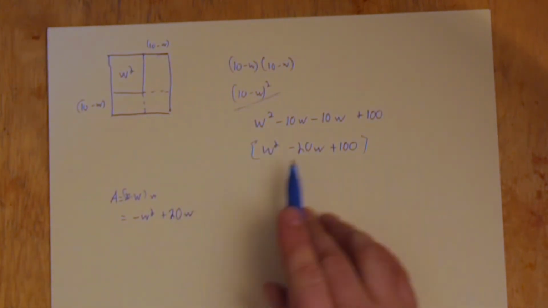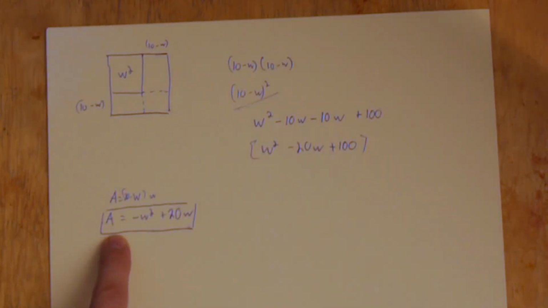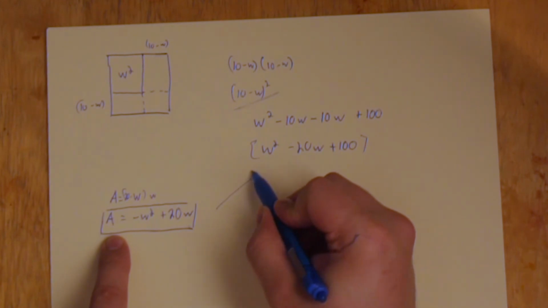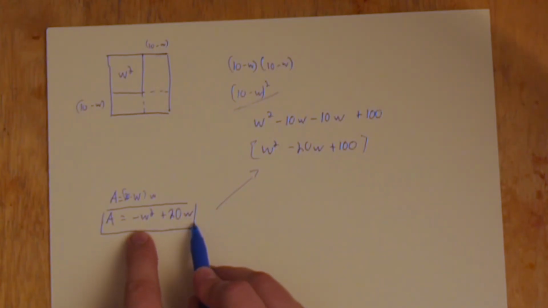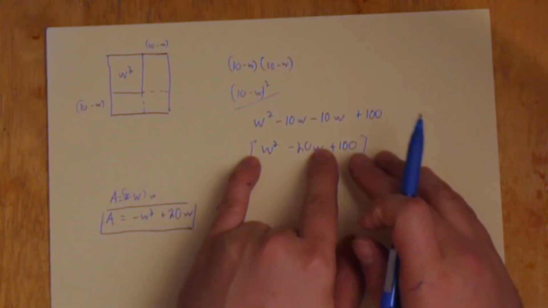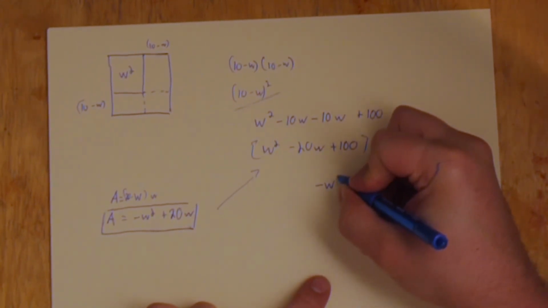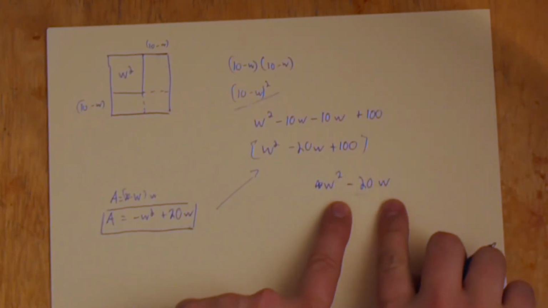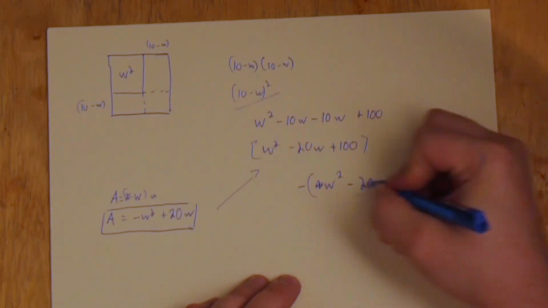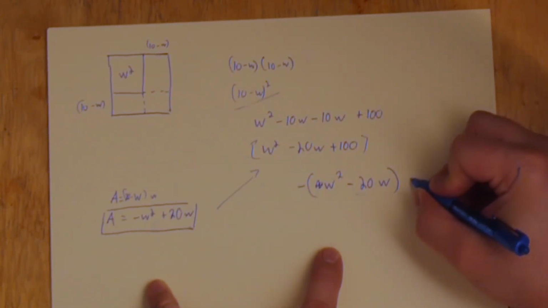If we look, this is our area, the area that we're looking for. If we compare that to this new square, let's make it so that this is the same. Let's substitute in the value. Start with W squared minus 20W. If we want to take the negative of this, let's take the negative of that, and then we look at our minus 100 now.